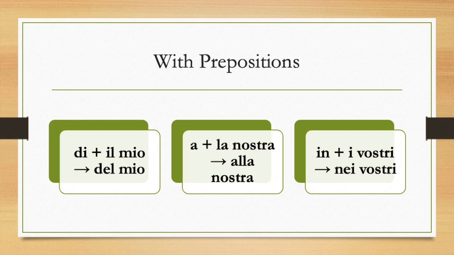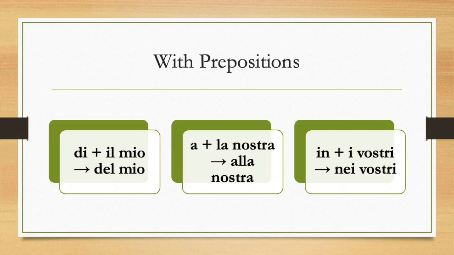Now let's talk about something called articulated prepositions. You have seen this before. When a preposition comes before a possessive adjective with an article, they actually merge together to form one word. For example, di plus il mio becomes del mio. A plus la nostra becomes alla nostra.